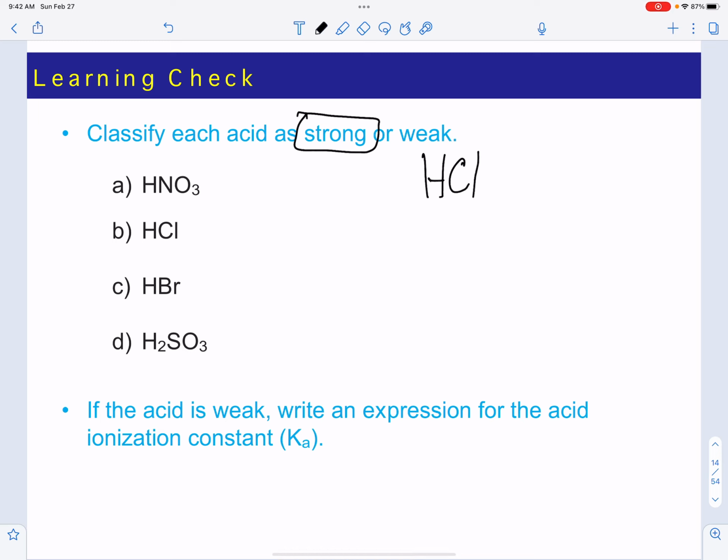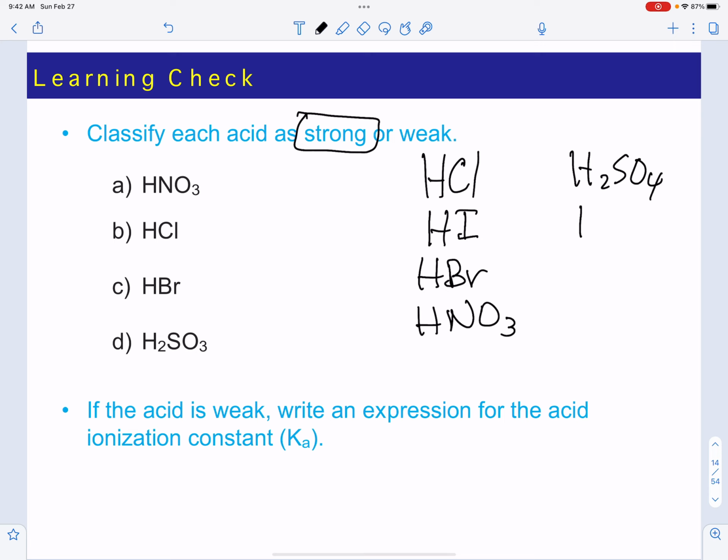Hydrochloric acid, hydroiodic acid, hydrobromic acid, nitric acid, sulfuric acid, chloric acid, and perchloric acid.